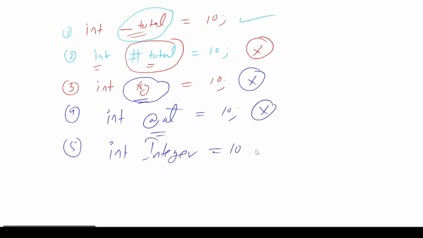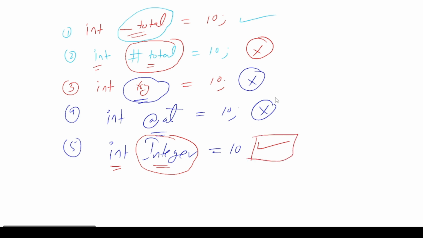Is it a valid identifier? This int and this Integer, basically int is a data type and Integer is a class. It is a class in Java, Integer. Okay, so is it acceptable? Yes, it's a valid identifier.